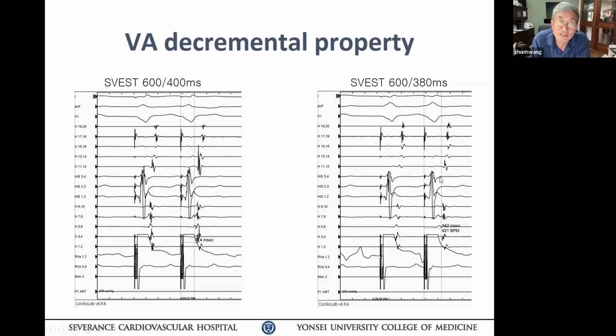Flat? His 3-4, yeah, at 400 milliseconds. Go up there. And then at 380 milliseconds, what? That's negative, flat, whatever. And then that became positive. Similarly, your HRA EGM changed, and then also your CS EGM changed. So you pay attention to that, okay? You had a point.